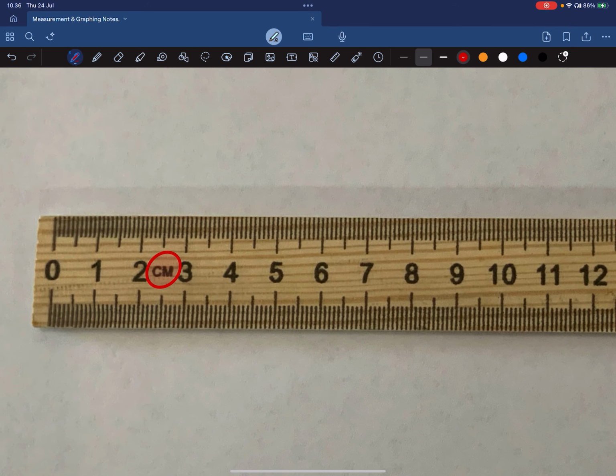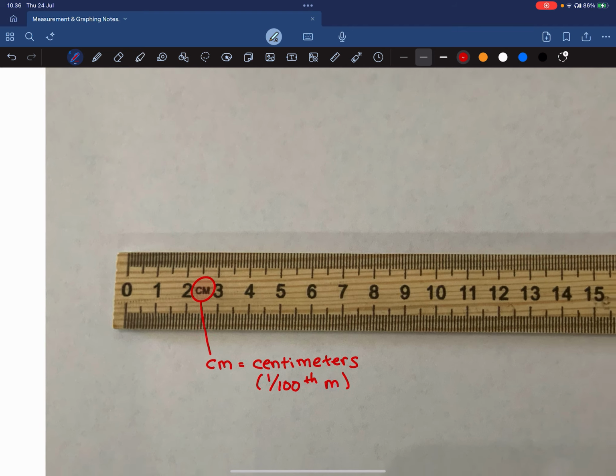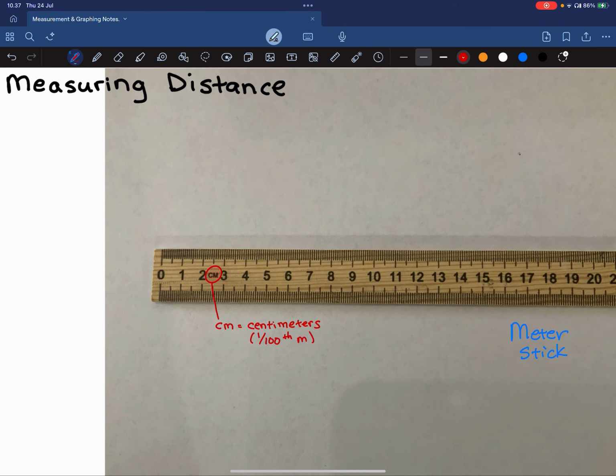Okay, so our units that this thing reads out in is centimeters. And so a centimeter is 1/100th of a meter. So that's the first thing that you need to do. You need to figure out what the units are.